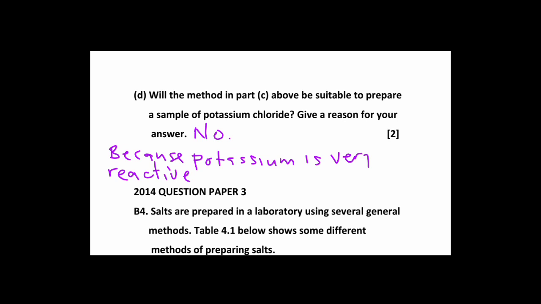Why are we saying potassium is very reactive? Potassium reacts explosively with acids. Therefore, we cannot use heat when we are using potassium, or we are using a base which contains potassium. That is very, very important. So you are going to have your 1 mark, and the other mark will come from your reason.